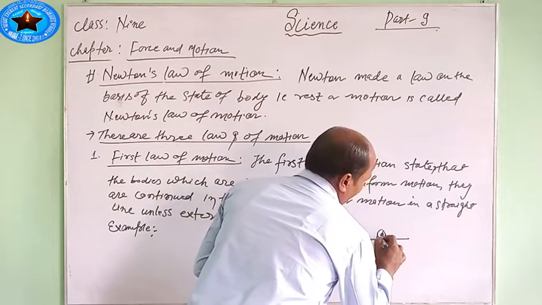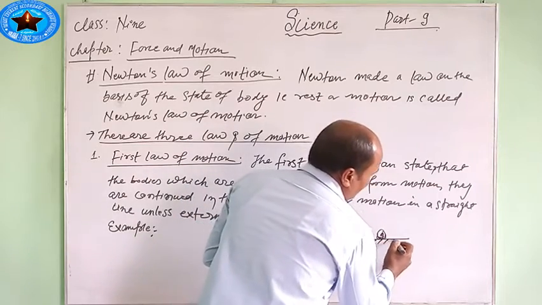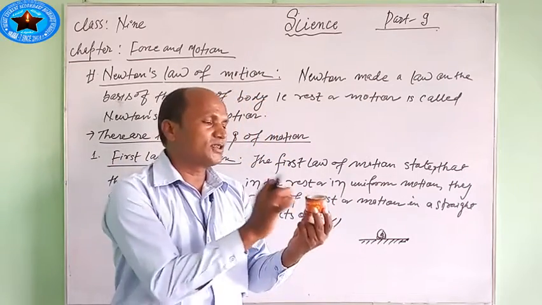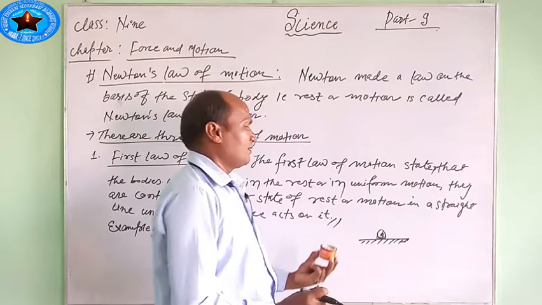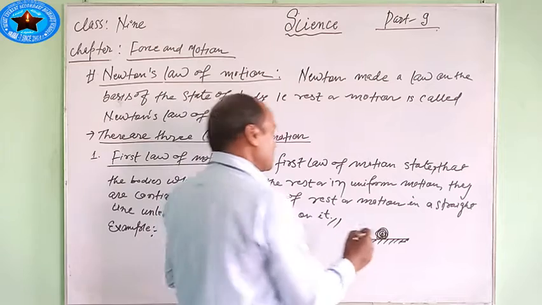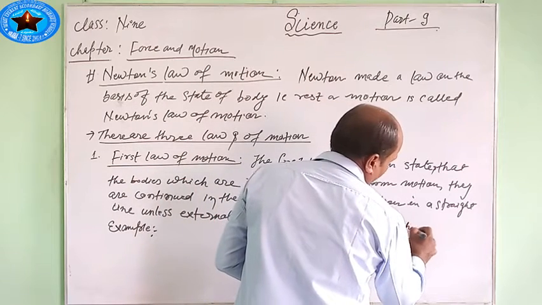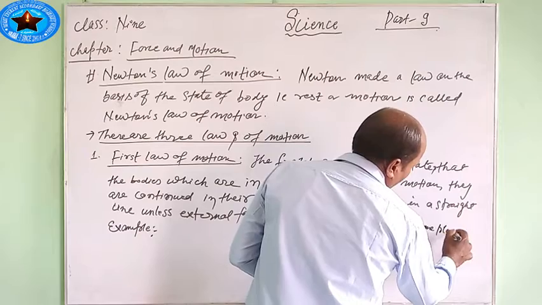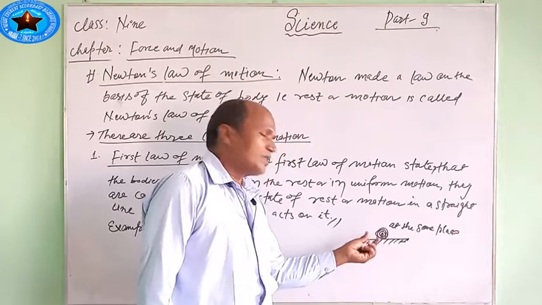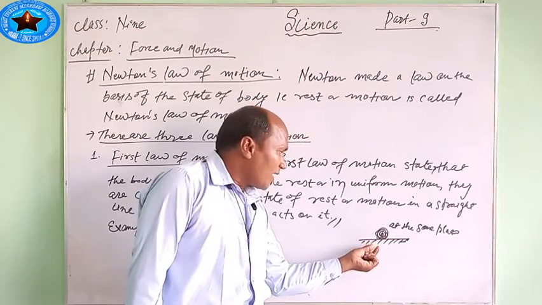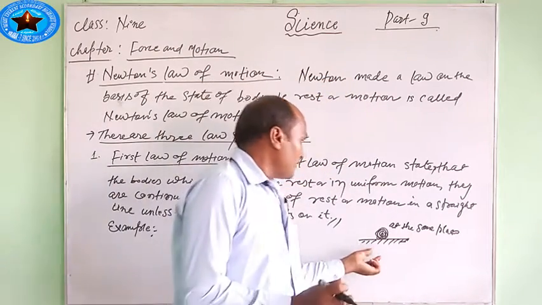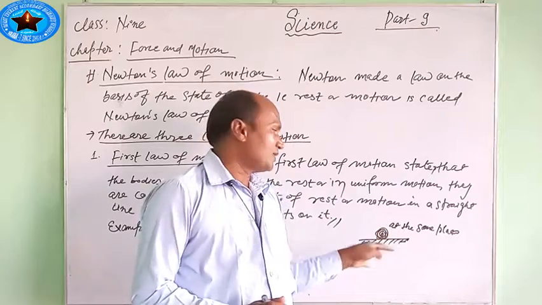When this body is not disturbed by any external force, this body always remains at the same place forever. It means there is no change in the body. Why did this happen? Because of its property. That is why it remains in the state of rest.